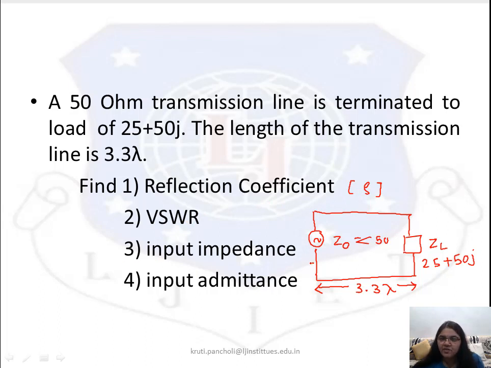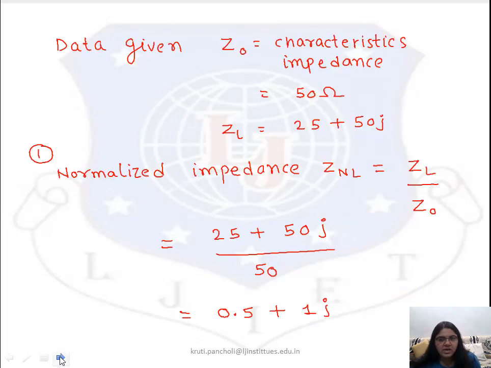From where can we find the input impedance? From this point we can find the input impedance Zin, and we need to find the input admittance, that is Yin. So now first of all we need to plot the ZNL value.